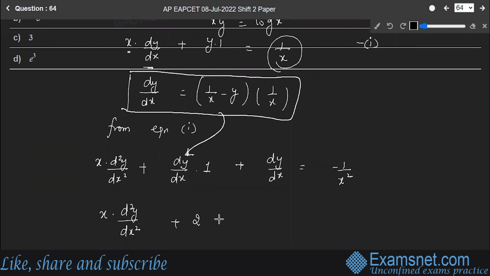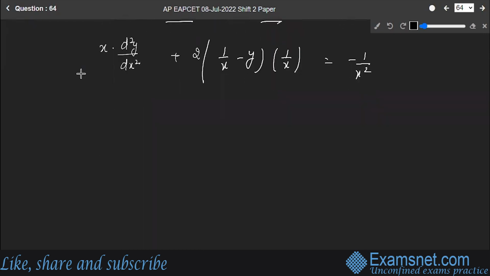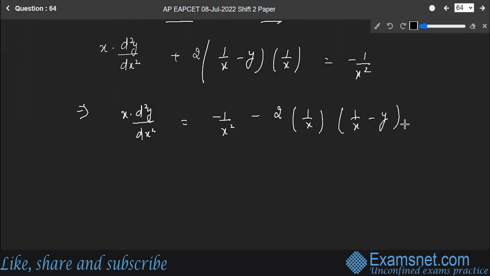So this will become twice of 1 by x minus y, into 1 by x, is equal to minus 1 by x square, right? Which further, so this is the second derivative: x into d square y upon dx square is equal to minus 1 by x square minus 2 into 1 by x into 1 by x minus y.